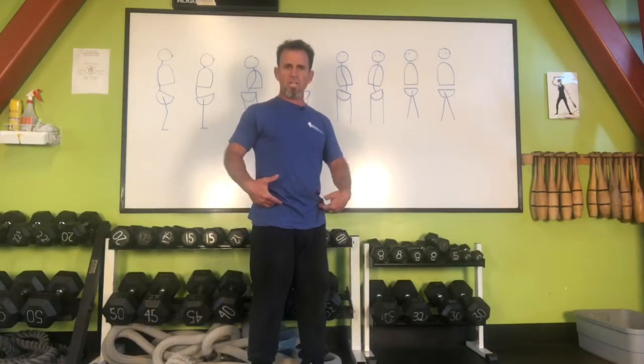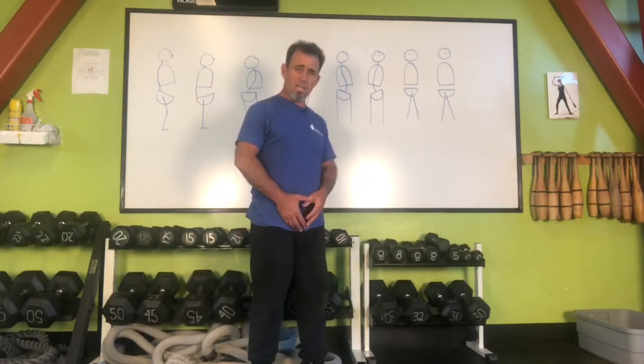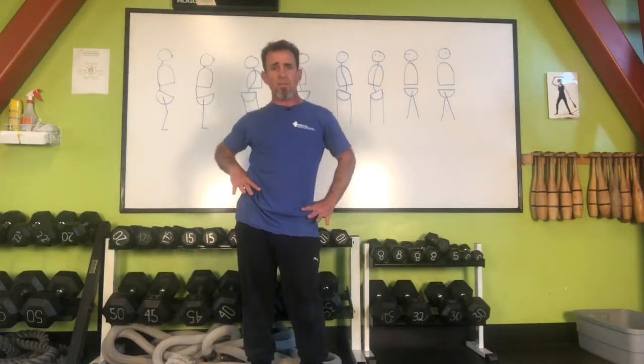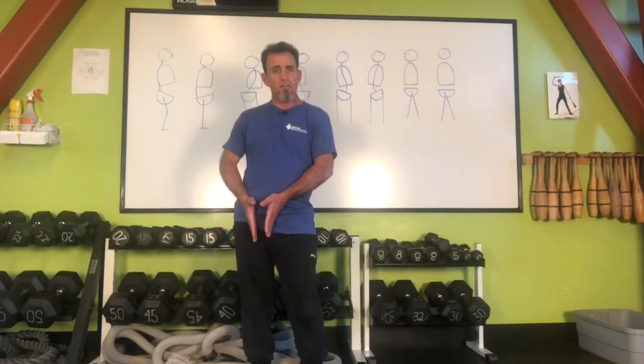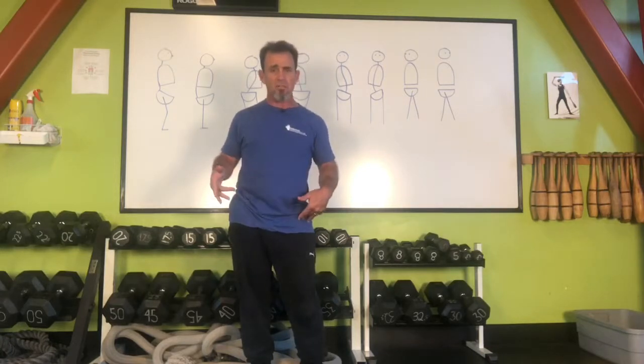If I am rotated in one direction, that means one hip is now internally rotating while the other one's externally rotating. If I've got one hip or a pelvis that's higher than the other, there's more contraction or closer toward the midline of one leg than the opposite. We call that adduction versus abduction.